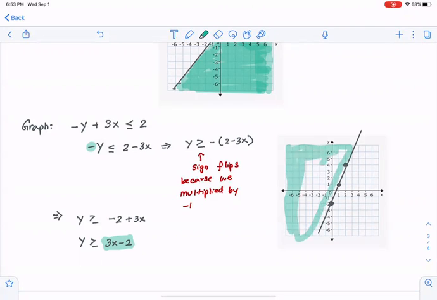So anything above the line will be a solution, including those points that are on the line, because we have a greater than or equal to sign. So flipping the sign is the tricky part in this particular problem. And I've seen students forget to flip the sign.